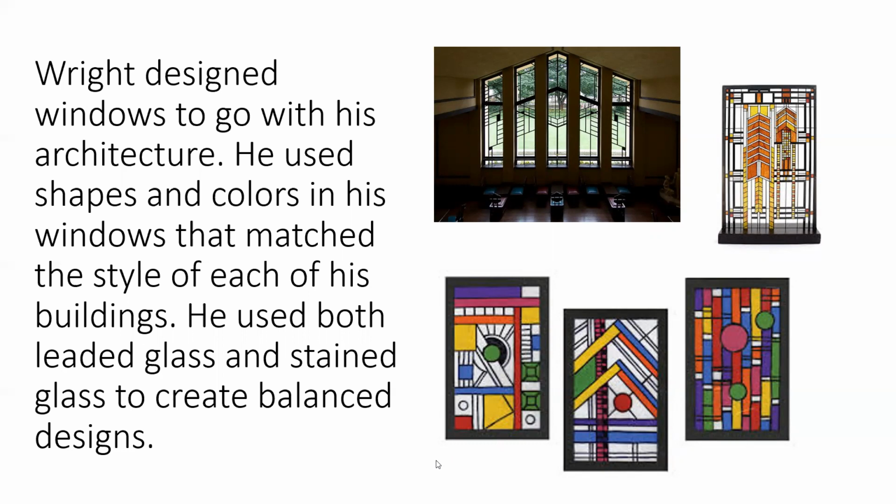And so we see an example of that in that top left window. He did use color glass quite often, but he stuck with those primary colors: reds, yellows, blues, greens, and purples, primary and secondary colors, and very often those very simple geometric shapes: circles, triangles, rectangles, and so forth.